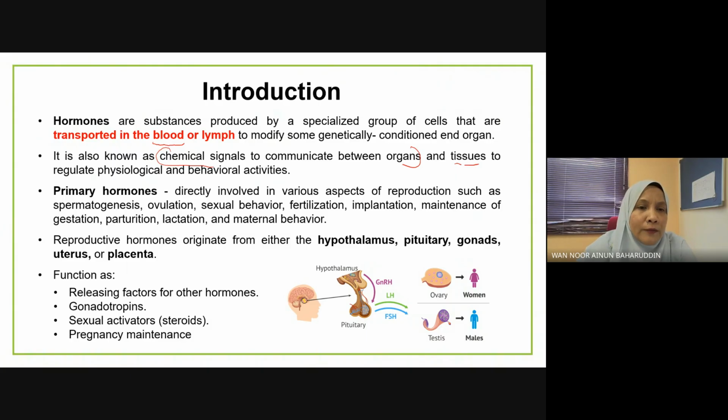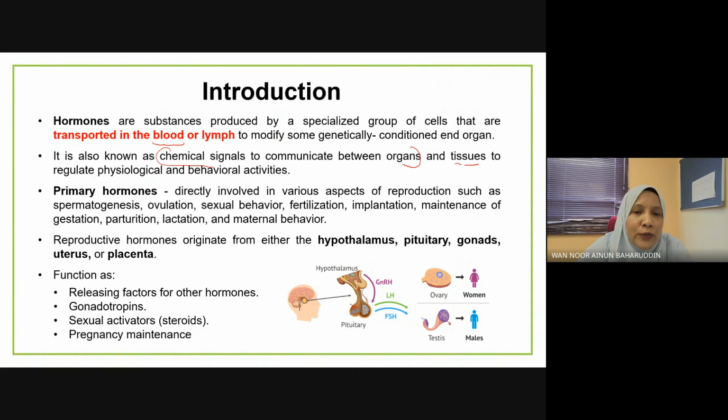So there are a lot of primary hormones that should be known in this reproductive system. They have a lot of functions, for example, spermatogenesis, ovulation, sexual behavior, and so on. And this one we have discussed in all of the topics previously.